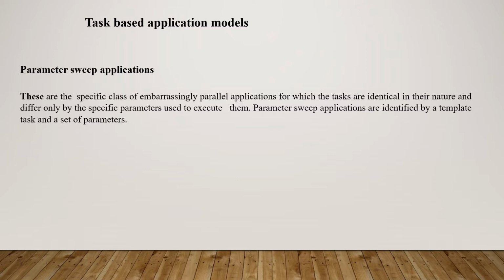The template task is parametric, and the parameter set identifies the combination of variables whose assignments specialize the template task into a specific instance. The combination of parameters along with the range of admissible values identifies the multi-dimensional domain of the application, and each point in this domain identifies a task.